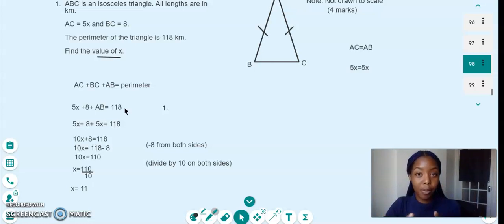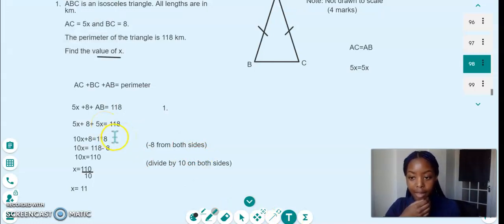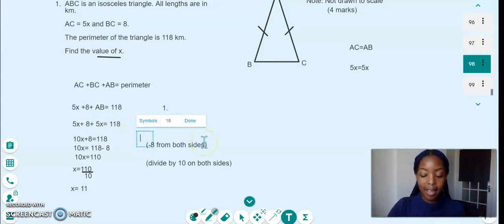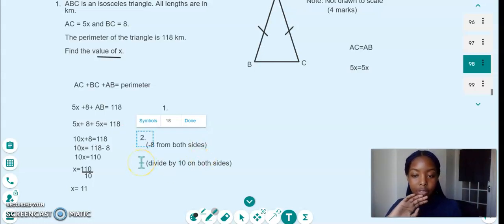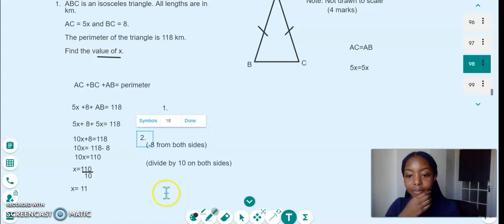It could still be a mark for you. The next mark will be for collecting everything so that you get 10x plus 8 is equal to 118. Just showing that you know that AC is the same thing as AB because it is an isosceles triangle.